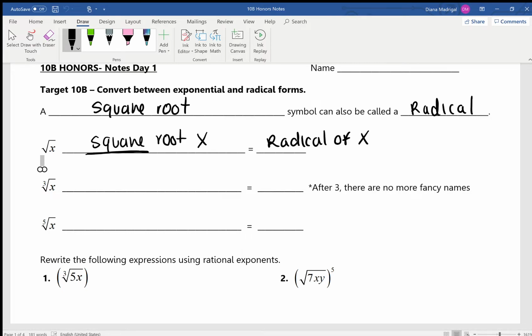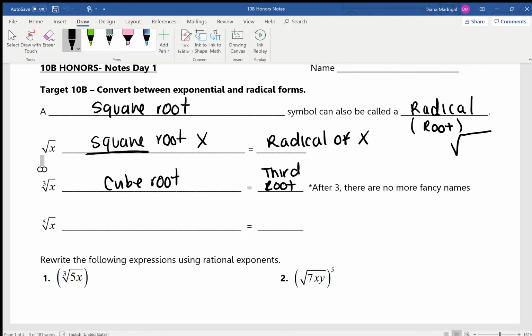So for example, when I have a number 3 on the square root, then it's not a square root anymore. It's going to be a cube root, because we're talking about 3. All right. And I also call it the third root. So a radical is like a root, which is this little symbol right here.